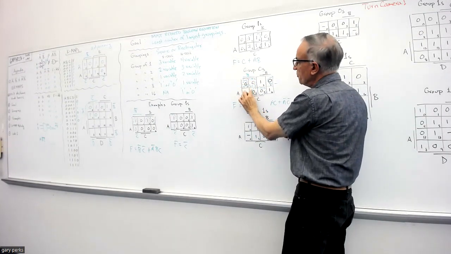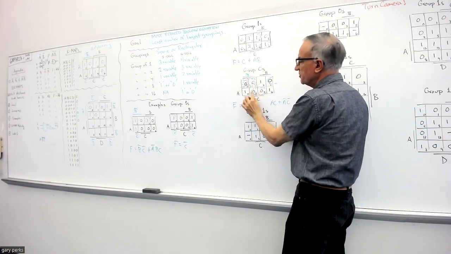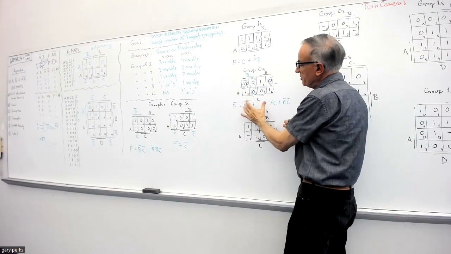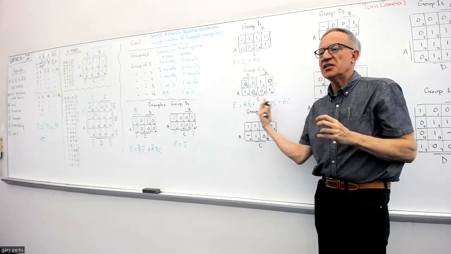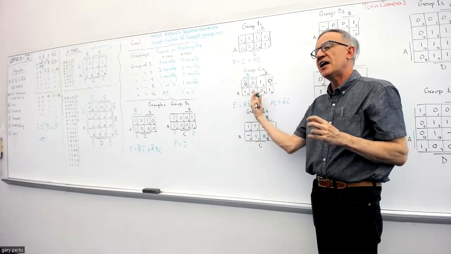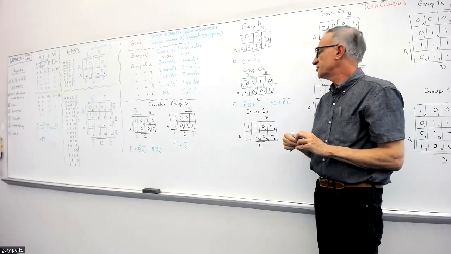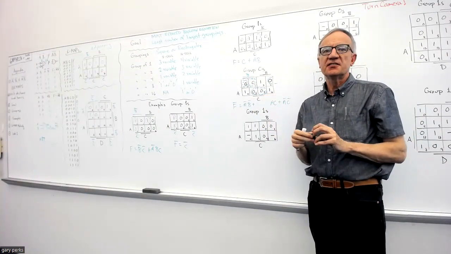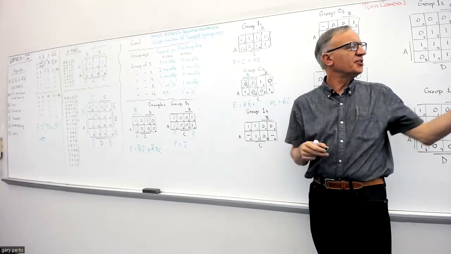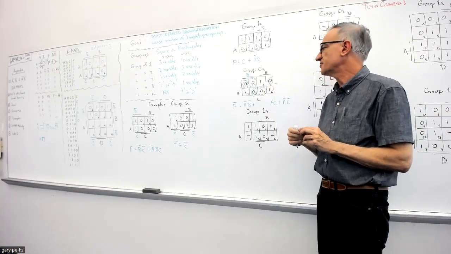If I did group the 1 and 5, I could then just do the 0 and the 2 along with the 5 and the 7. So I would still get 3 terms that are 2 variables each. It would just be a different term. I would have the 1, 5 and not the 0, 1. So there's more than one correct answer to this K-map. And I believe for the activity, there's one problem like that also, where there's more than one correct answer.